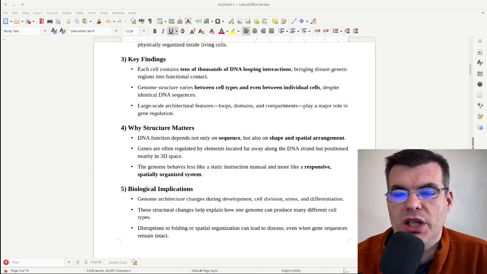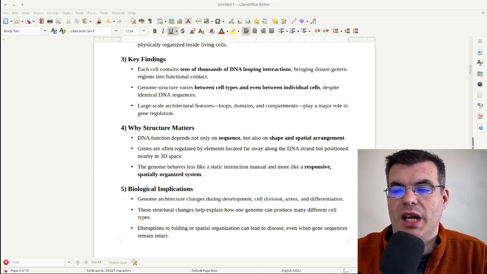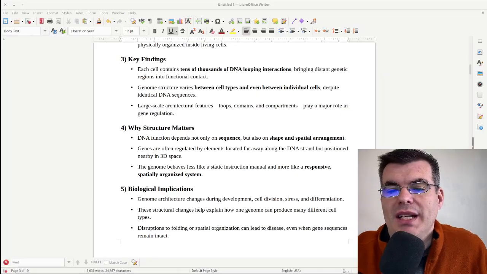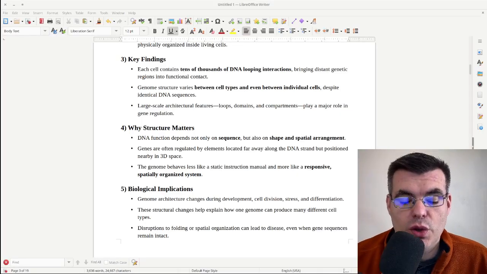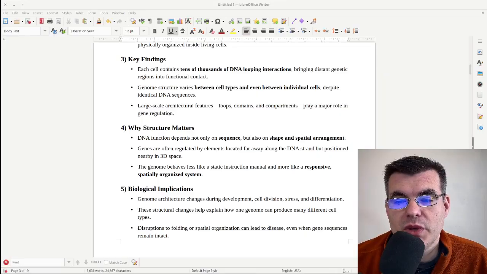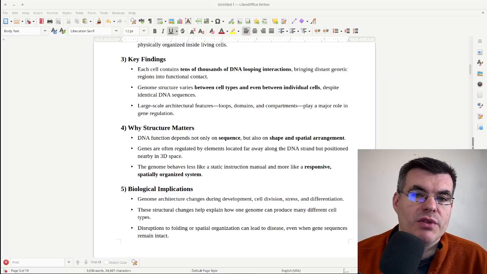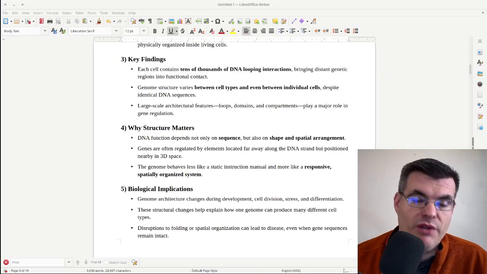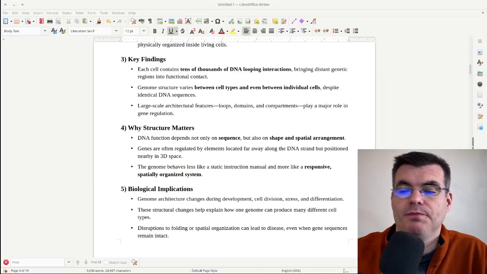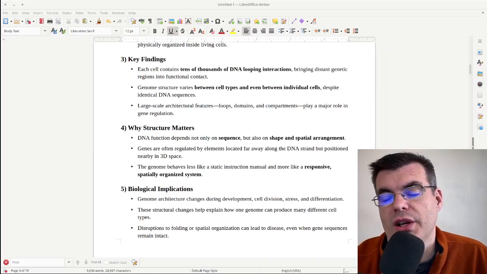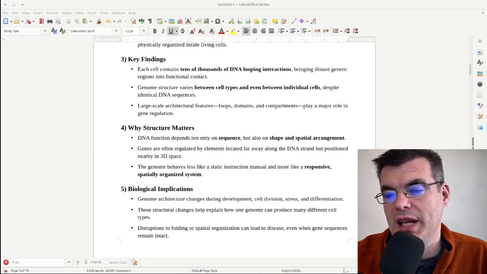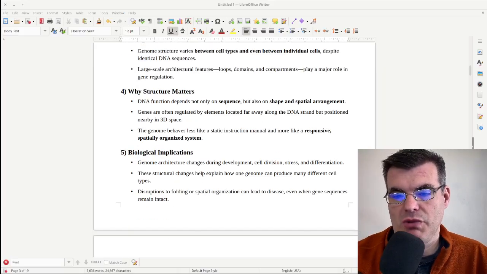Genome structure varies between cell types and even between individual cells despite the identical DNA sequence. So this might be one of the reasons why we see different cells having different functions. Large-scale architectural features, loops, domains, and compartments play a major role in gene regulation.